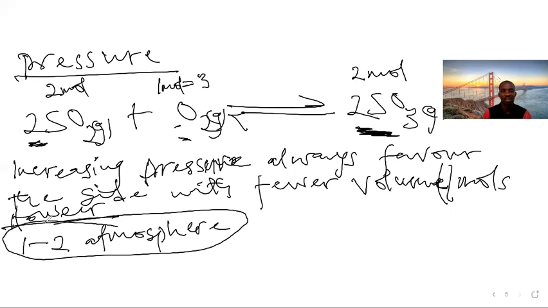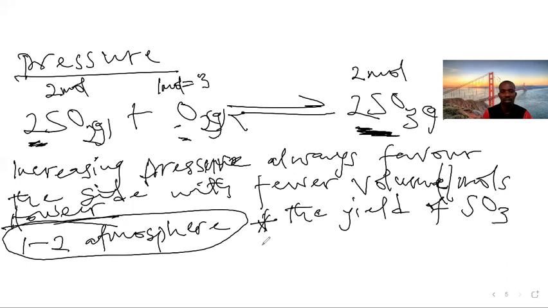Why is that? The simple reason is that at the operating condition, the yield of SO3, sulfur trioxide, is already sufficient.